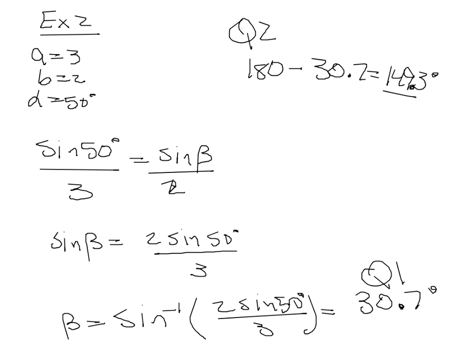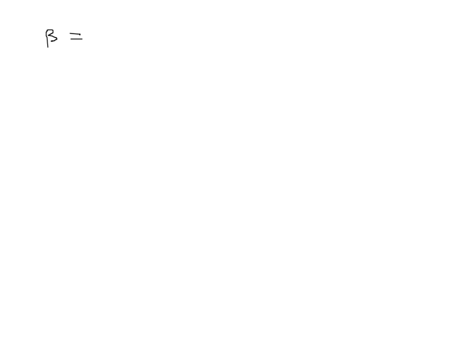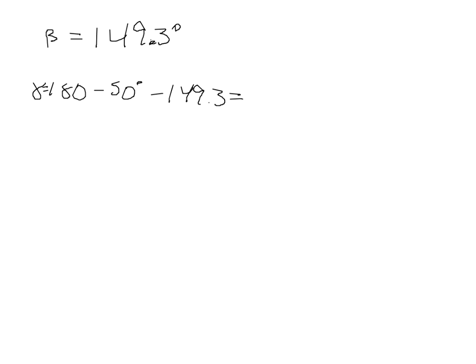The next solution, okay, I take my second quadrant angle. So beta is 149.3 degrees. I'm trying to find gamma. Gamma is 180 minus 50 minus 149.3, which comes out to be negative 19.3 degrees.